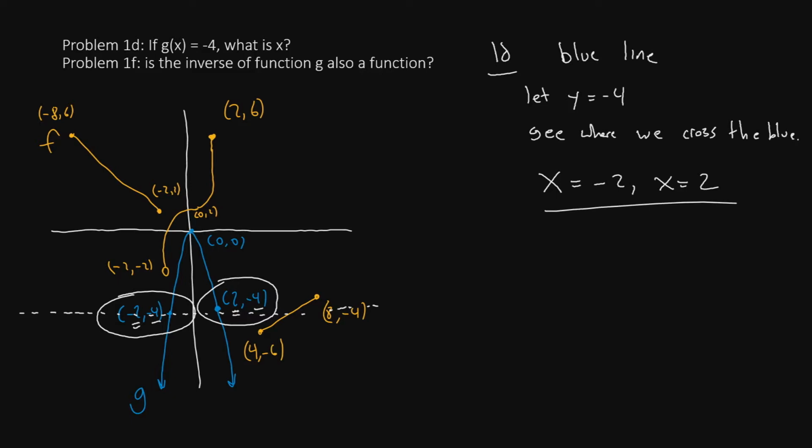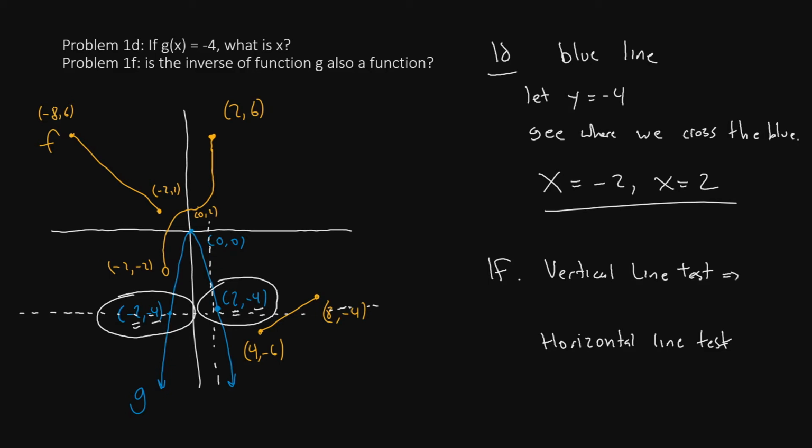Now for problem 1F. We are asked, is the inverse of function g also a function? To answer this question, we will need to do both a vertical line test to see if it's a function and a horizontal line test to see if the function is 1-to-1. Let's look at function g now. If we try to draw a vertical line through function g, we can see that it's just not possible to have it cross more than one time.